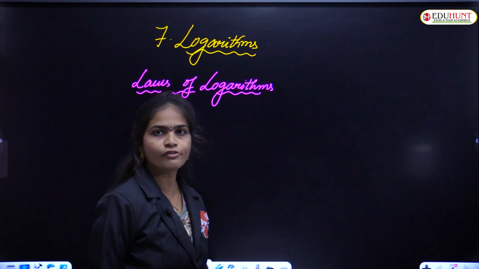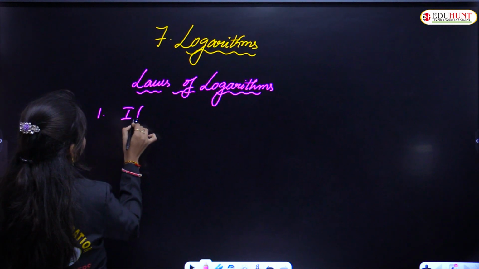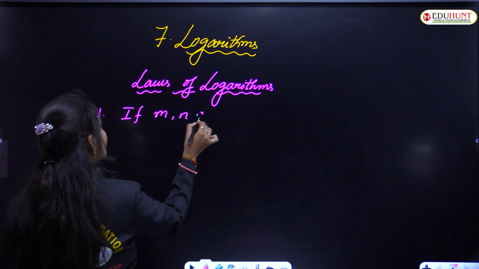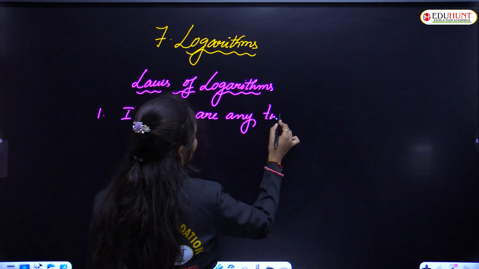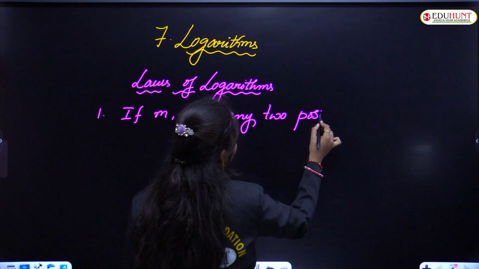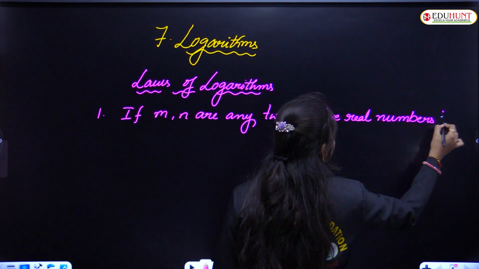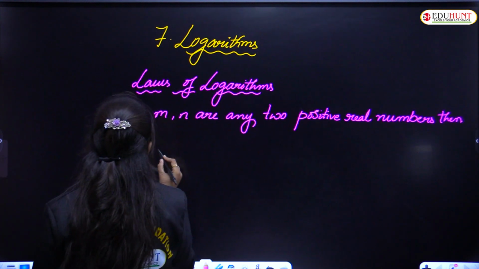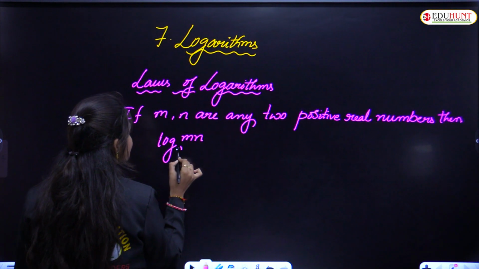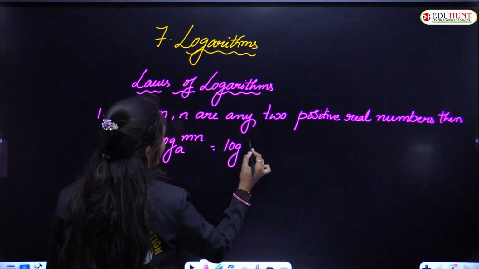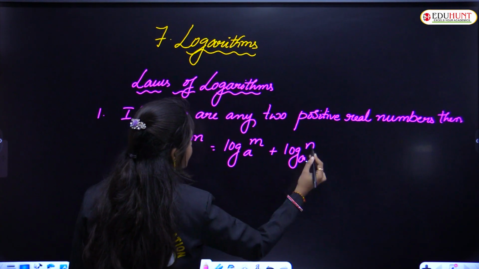Okay children, so the first law of logarithms is, if m, n are any two positive real numbers, then log mn to the base a is equal to log m to the base a plus log n to the base a.